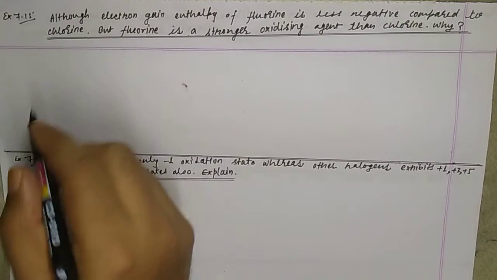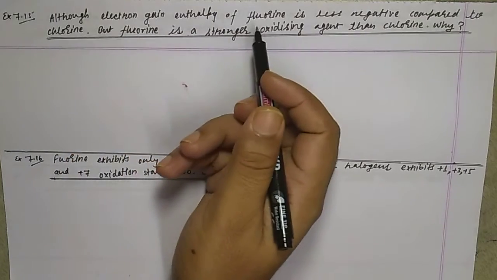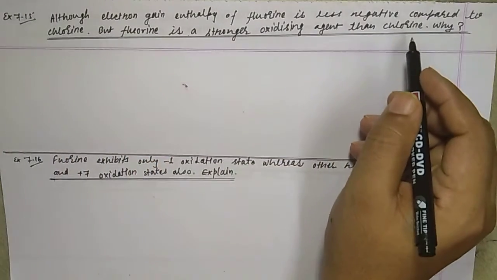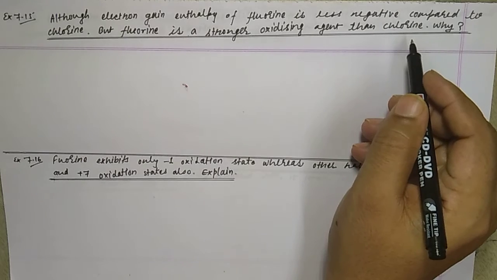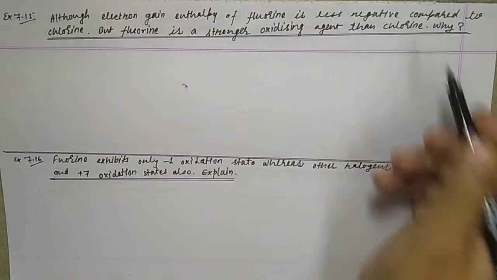First one, 7.15. Although electron gain enthalpy of fluorine is less negative compared to chlorine, fluorine is a stronger oxidizing agent than chlorine.